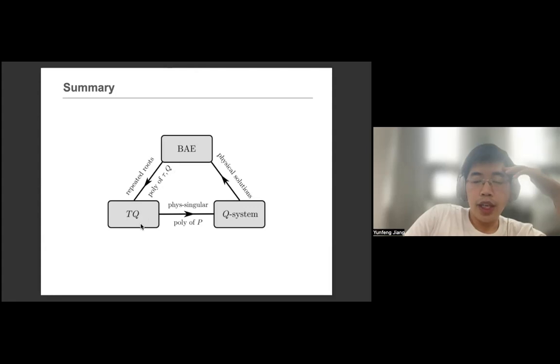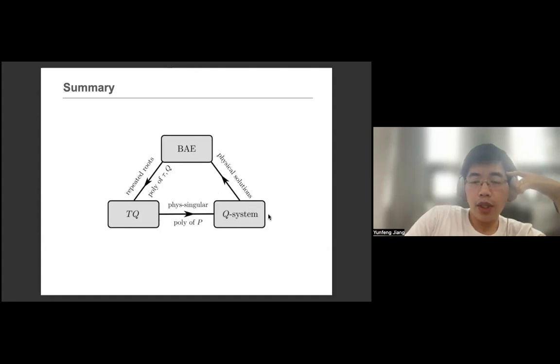After that, we also need to be careful about singular solutions. The physical singular solutions are selected by requiring that the dual solution P is a polynomial. So we have this polynomiality of P, and the Q system encodes both constraints in a nice way, and it gives you only the physical solutions.